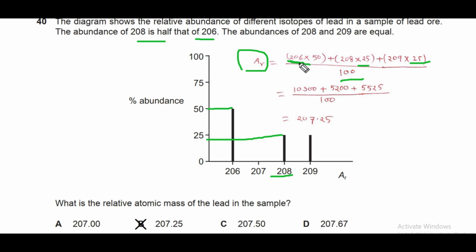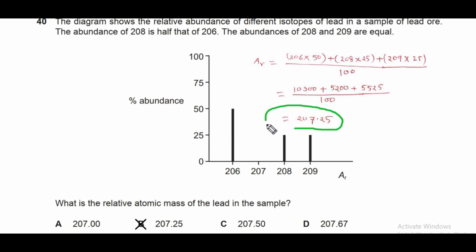Mass times percentage abundance divided by 100, then you will get the Ar, 207.25. That's why B is the right answer. Mass into percentage, you take the sum, then you divide by 100, you will get the Ar.